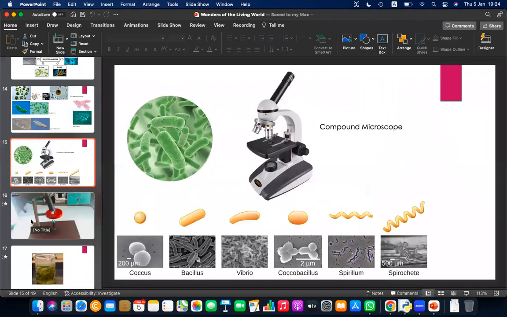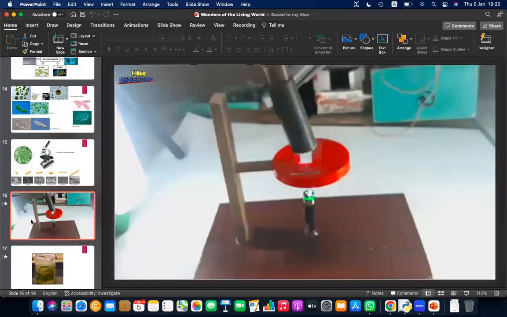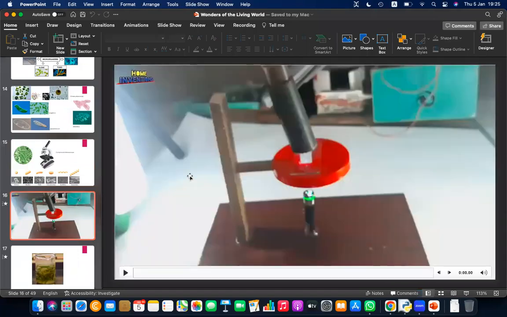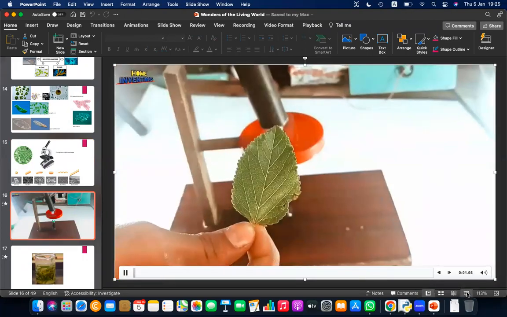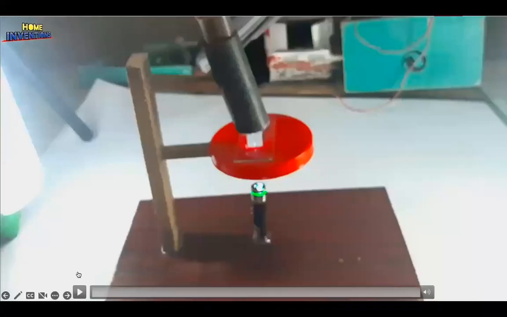Okay, next. How to make your own microscope. Let's watch this video now. See how he's doing this. Then you can understand what is going on.